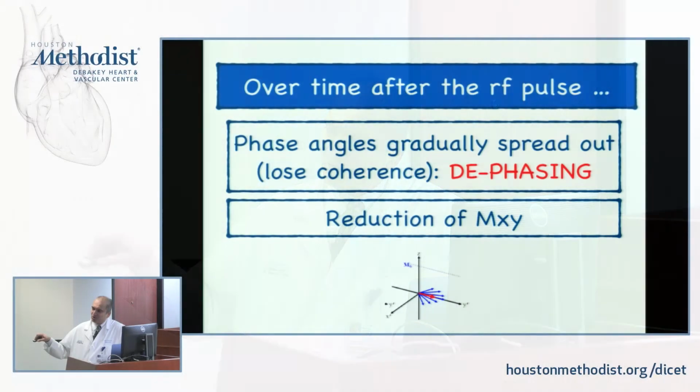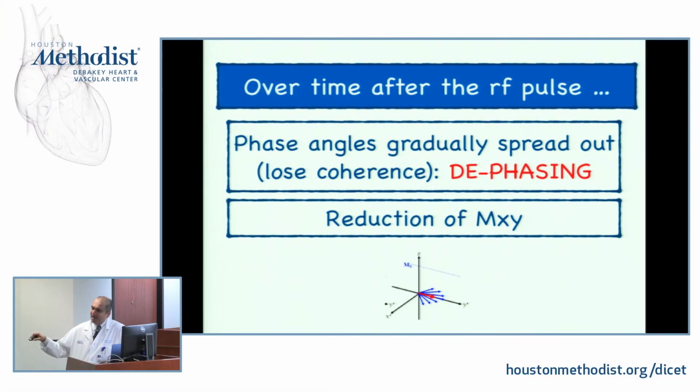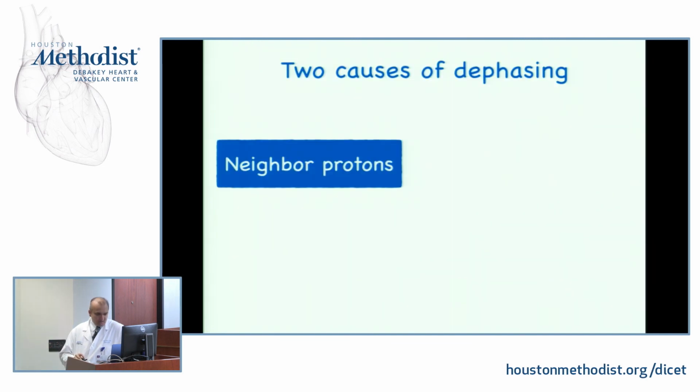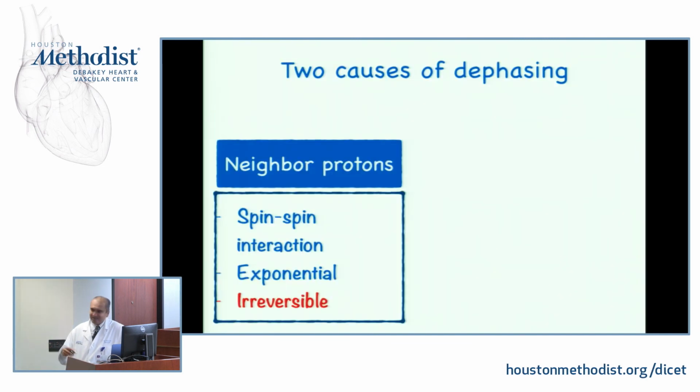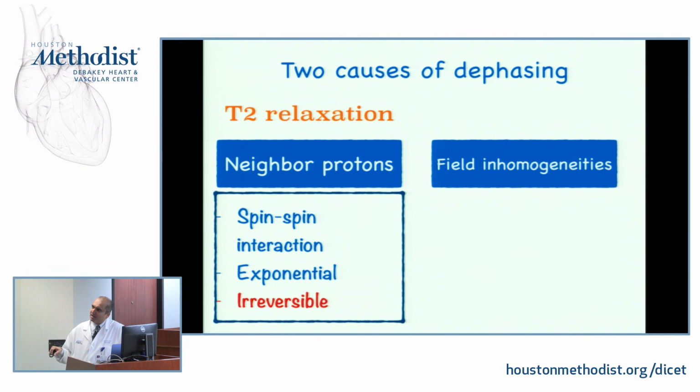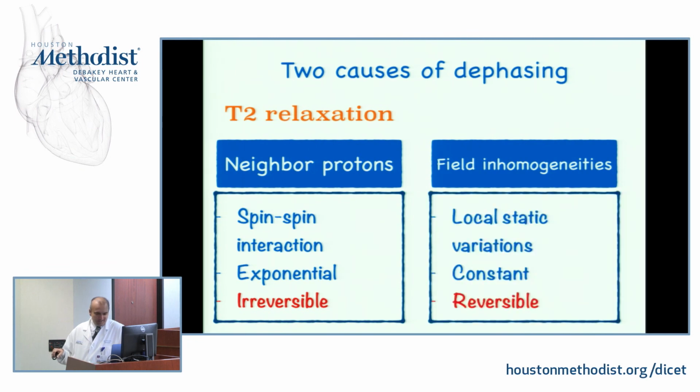So in the horizontal plane, there's a gradual and progressive reduction in the net magnetization from the time that you tip your magnetization to the horizontal plane. The reason for that, again, is an interaction referred to as T2 relaxation.